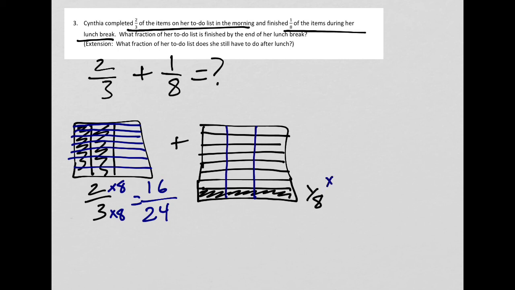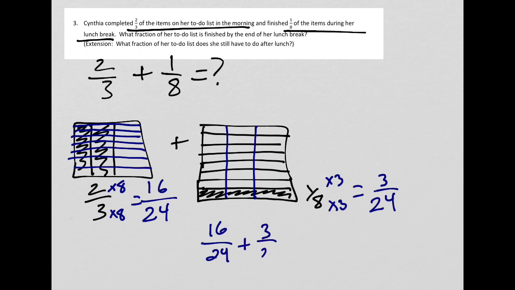And I times it by 3 if I'm splitting into thirds. And so I'm getting 3/24. So now, instead of adding 2/3 plus 1/8, I'm going to add 16/24 plus 3/24. And that gives me 19/24.